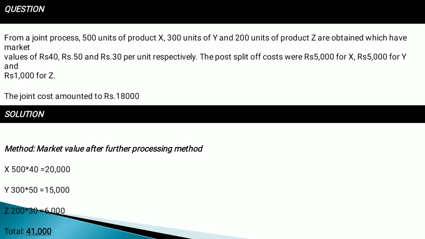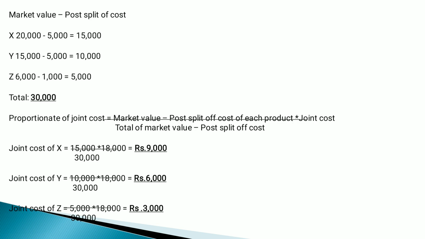So X: 500 into value 40 will come to 20,000, and Y: 300 into Y's value 50 comes to 15,000, and Z: 200 into 30 will come to 6,000, and the total amount is 41,000. And we will find the market value minus the post-split cost.